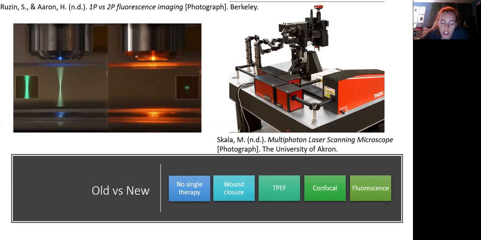They did use an alternative to the confocal, but it was limited and it didn't give great detail at all. On the far right is the multi-photon laser scanning microscope itself. They are now able to pinpoint a lot better, reject out-of-focus fluorescence and unblur the image a lot.